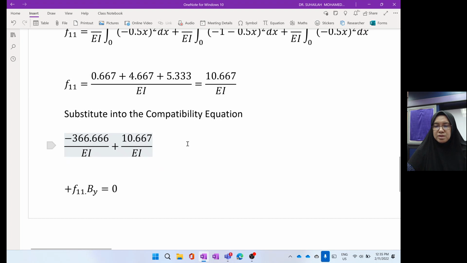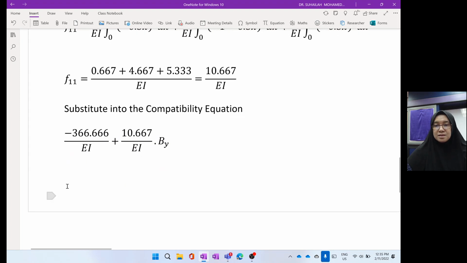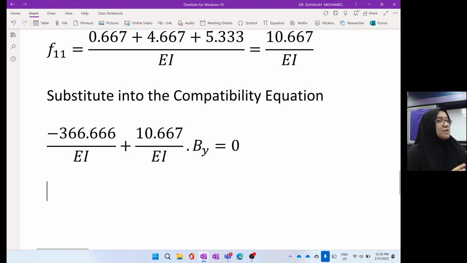So the compatibility equation is this. Okay, this is the compatibility equation. So remain in terms of EI. You cannot give the equation as negative 366.666 plus 10.67 BY is equal to 0 as the compatibility equation. Cannot. Because it is displacement, it becomes displacement when we divide by EI.